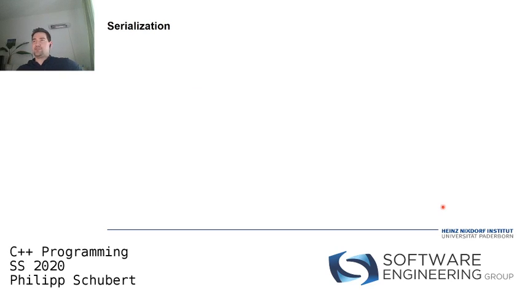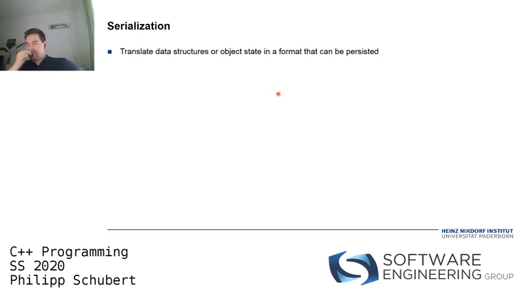So what is serialization? It's basically the concept of translating data structures or object state into a format that can be persisted. So basically what you can do using serialization, if you have a variable of type x, and maybe x has some integers in it, rather than storing the individual members, by using serialization you can store the concrete object.